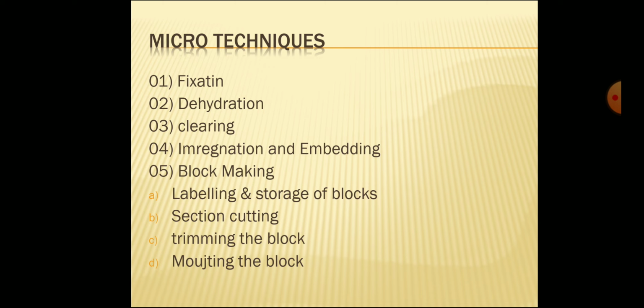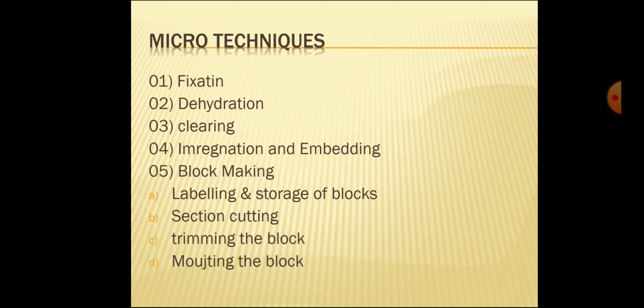For removal of the fixatives, the second process is applied, which is dehydration. Mostly the fixatives are made with water, so removal of the water is necessary. By using some reagent, water is removed from the tissues and the tissue becomes free of water.